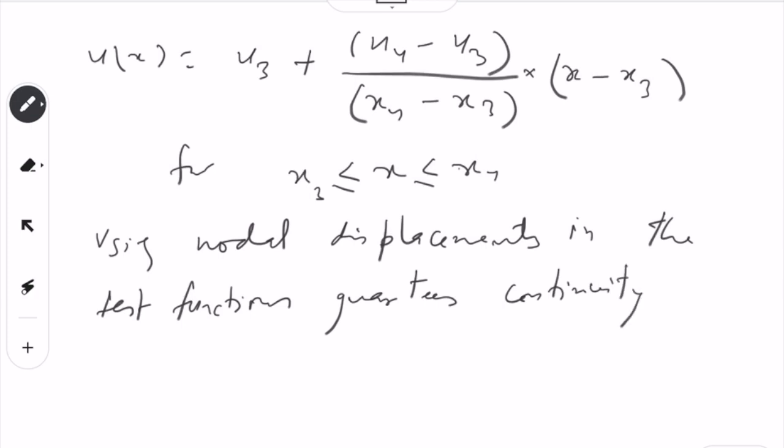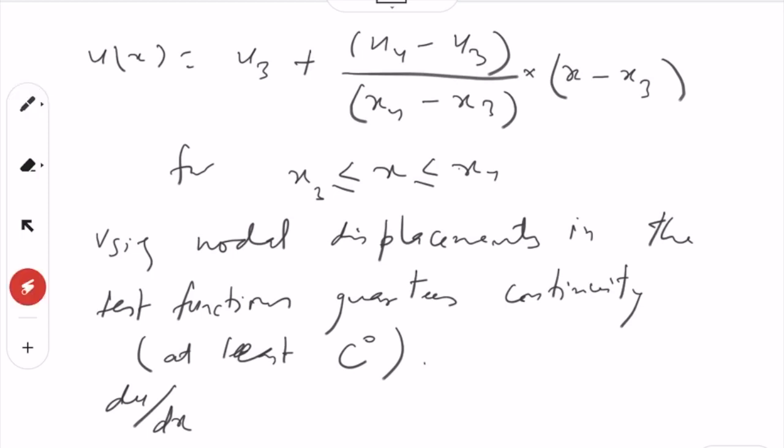C naught continuity. So, at least this will be C naught. Automatically it will be continuous, and this is what we want. Unless we have that, you cannot get du over dx, which is required for calculating the values. In the weak formulation we have du over dx. So, unless this is C naught continuous, you can't compute this, and hence C naught continuity is required.